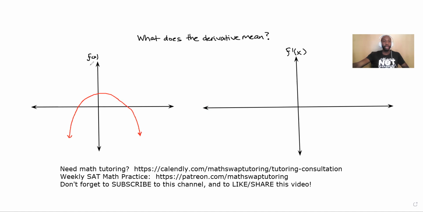Okay. And let's think about that. So check it out. This is the original function. The graph is going up, up, up, which means that we have a positive slope.